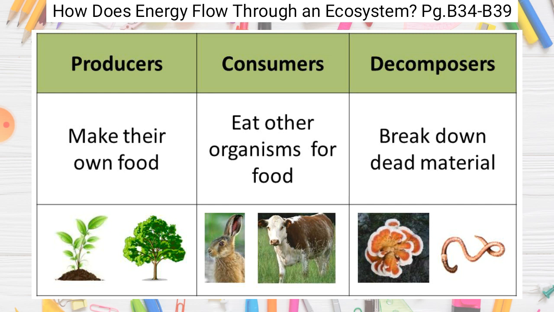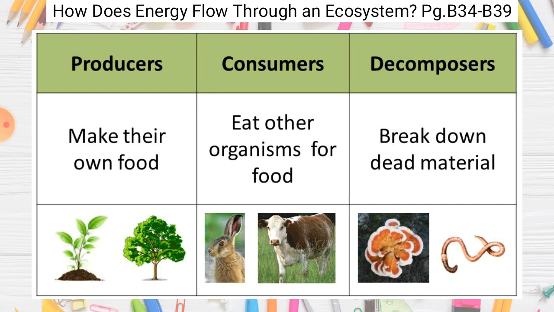Each one of these has a different name. Plants are called producers because they make their own food. Animals that eat other organisms for food are called consumers.